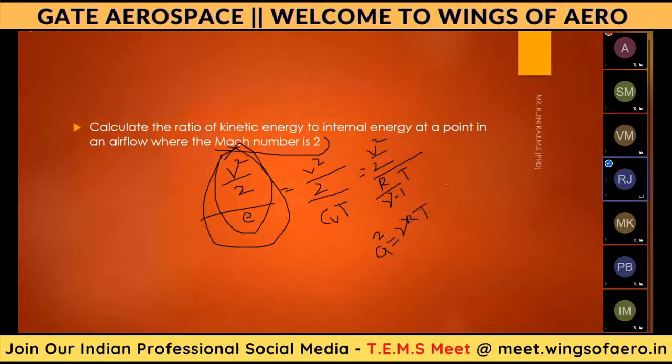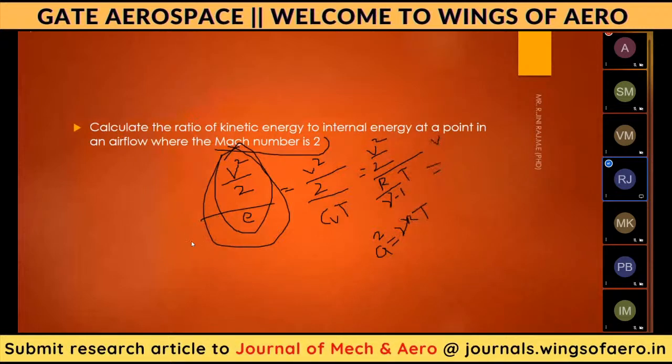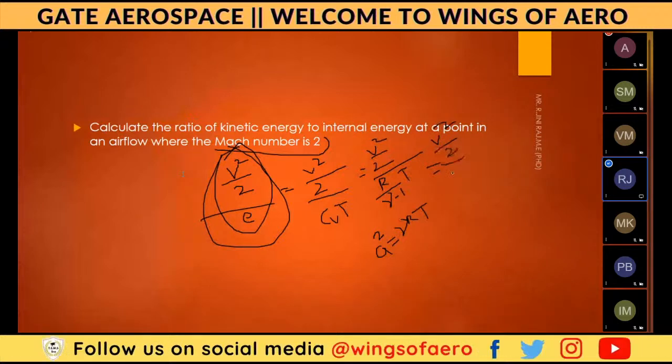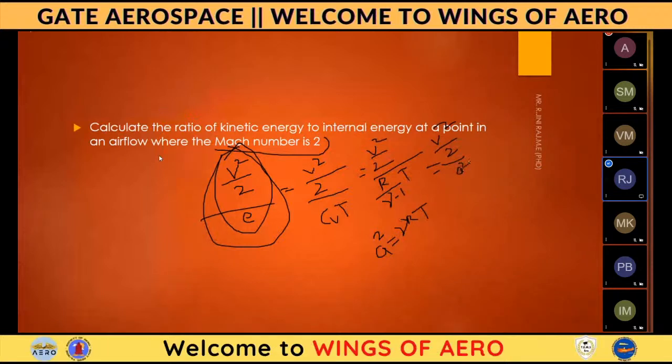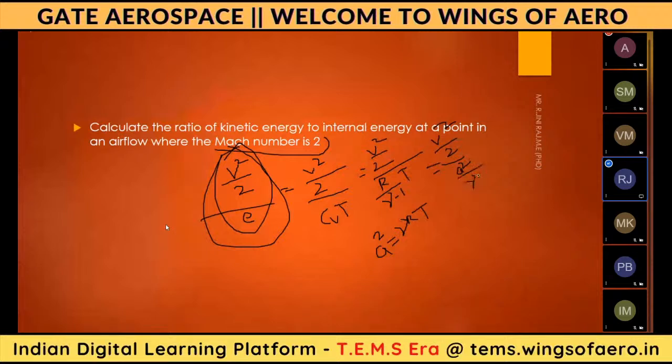Therefore that is equal to V squared by 2 divided by a squared divided by gamma into gamma minus 1.